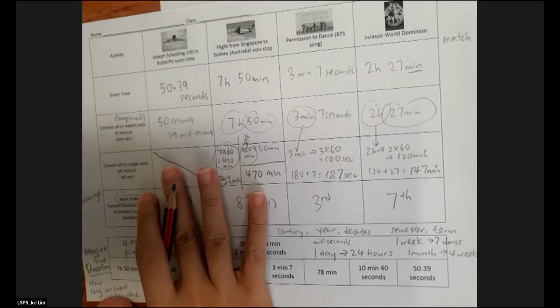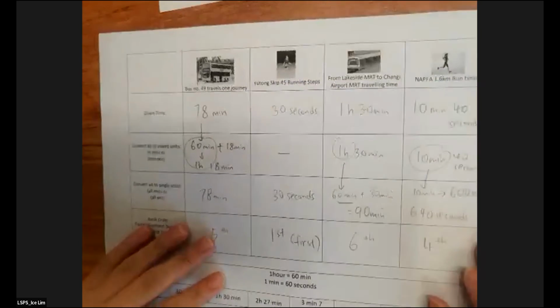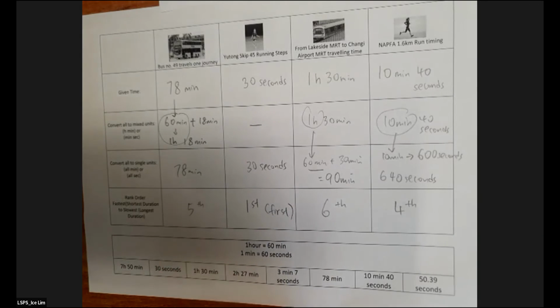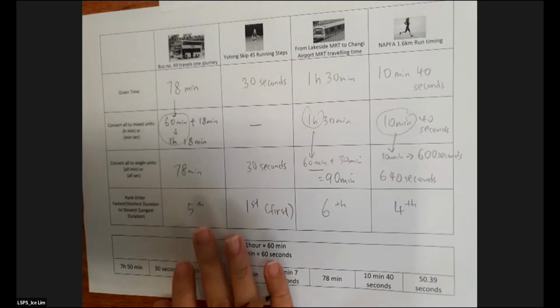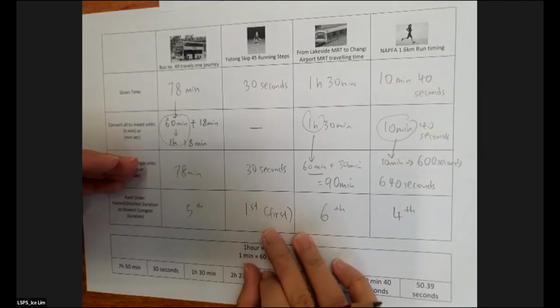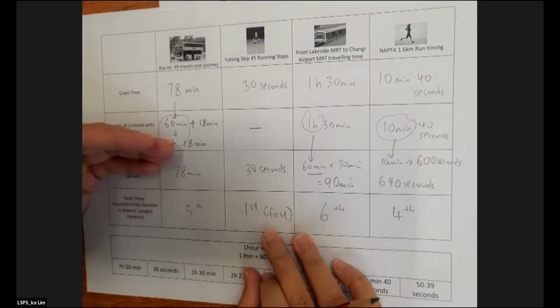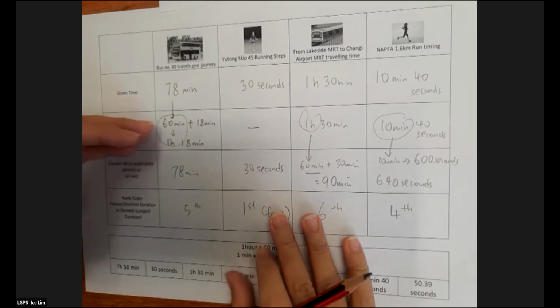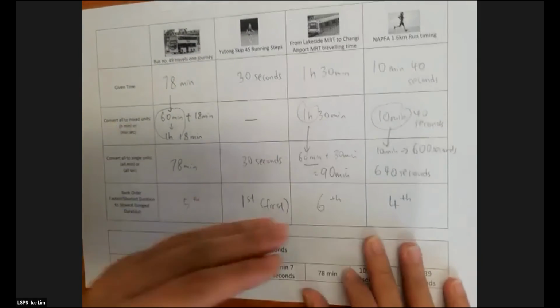Okay, so we are focusing on units. Now, can you tell me which one offers an easy way of comparison? Is it the mixed unit or the single unit? Which one is easiest to compare? Would you want to see duration in mixed units or just in one single unit?